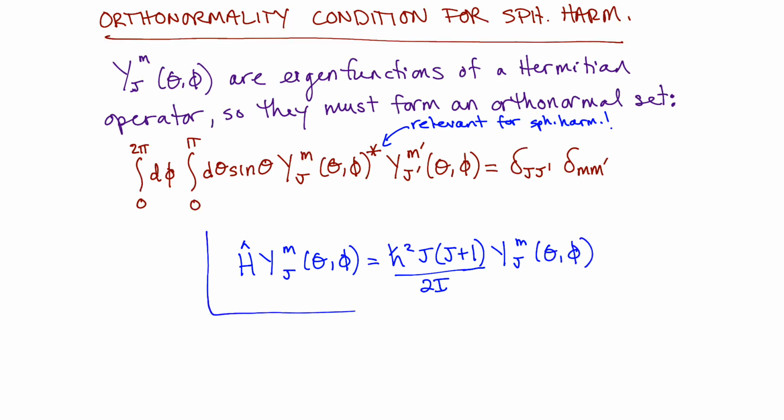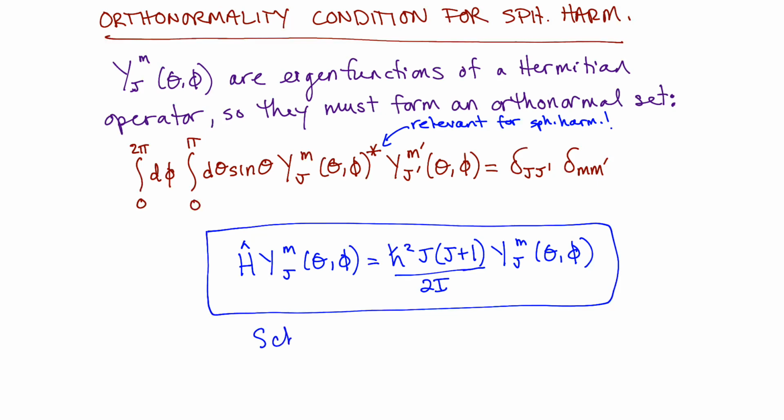All right, so this is our final official Schrodinger equation for the rigid rotor. This is just a more specific version of our H psi equals E psi expression, where we've plugged in our spherical harmonics for the wave function, and we have our actual values for the energy there.